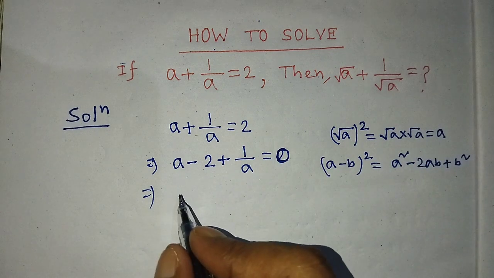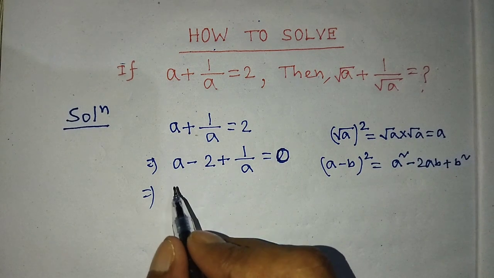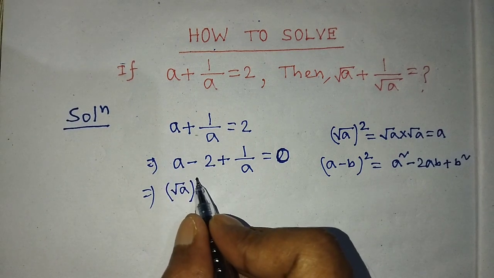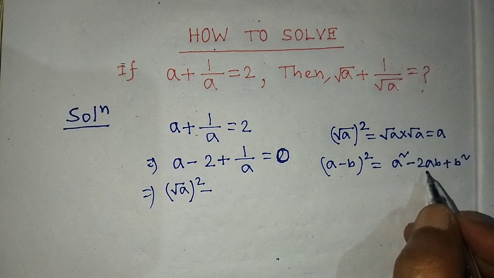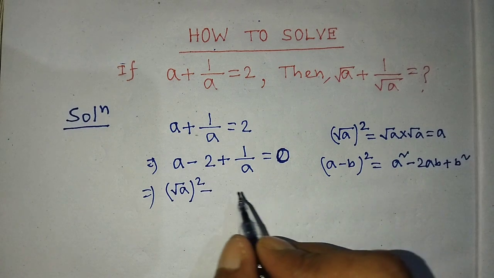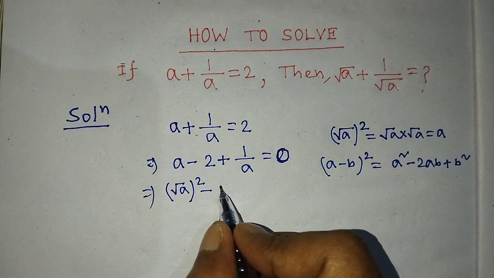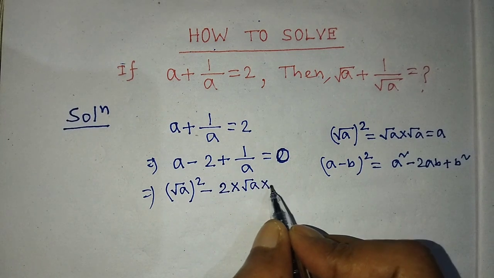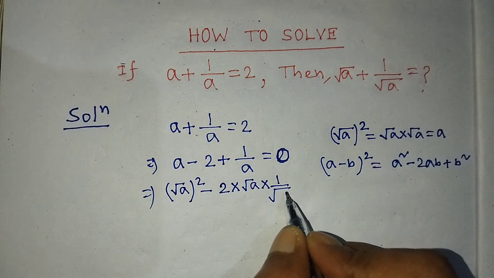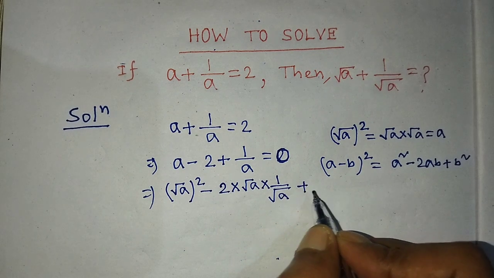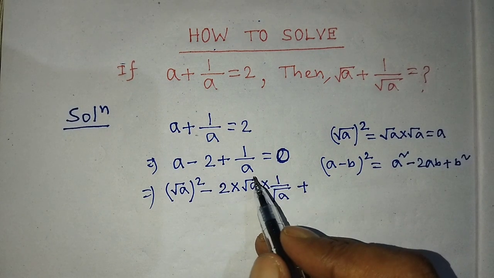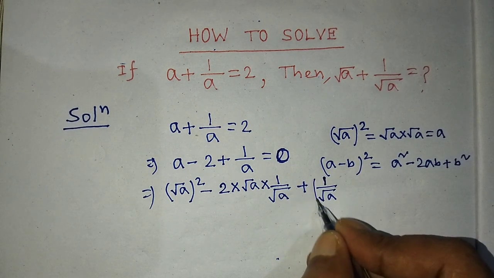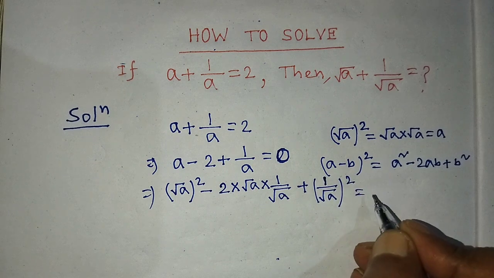So that's why we can write in the place of a, root a whole square, minus, so here is 2ab. Okay, so in the place of 2 we can write 2 into root a into 1 over root a, plus in the place of 1 over a we have to write 1 over root a whole square is equal to 0.